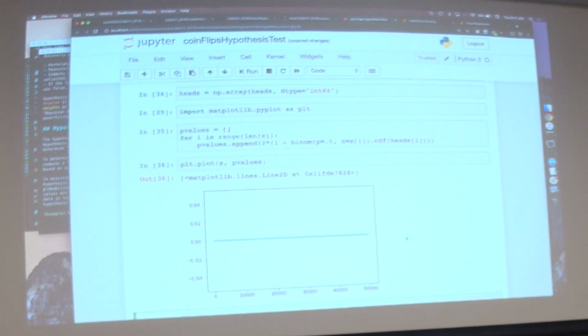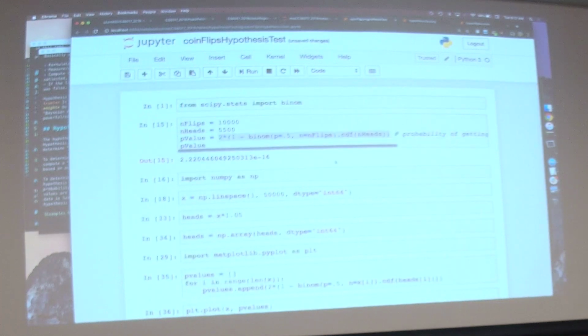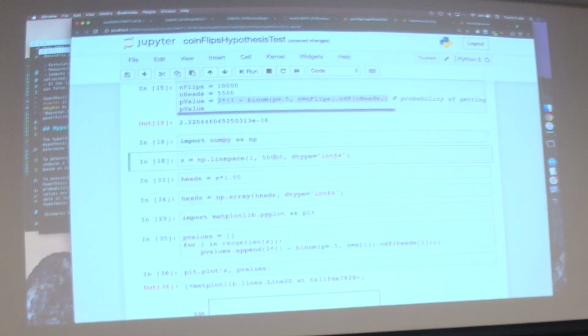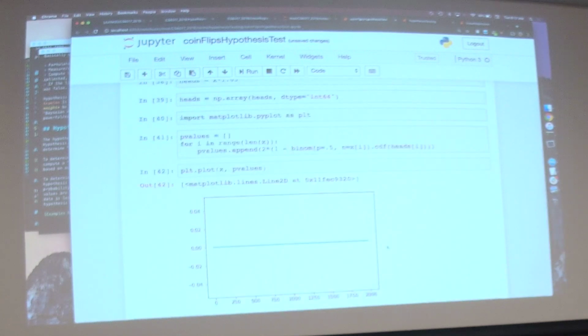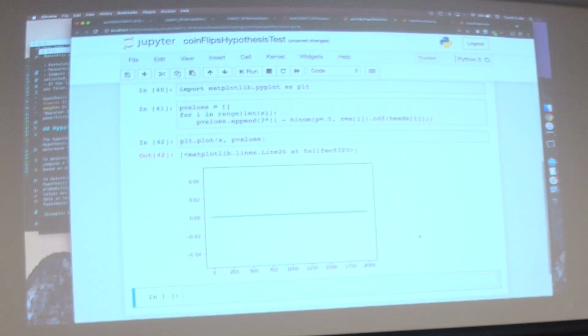So we don't get a particularly interesting graph here because if you remember my first x, I went from 1 to 1,000 very quickly. So maybe let's change our range a little bit. Not very interesting.